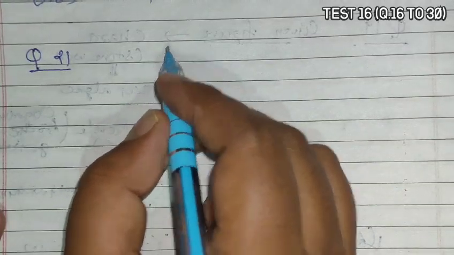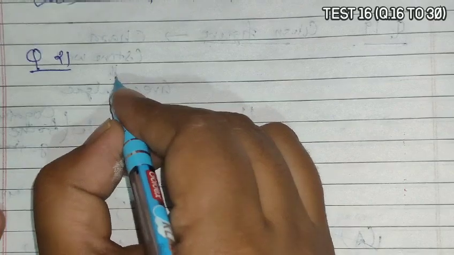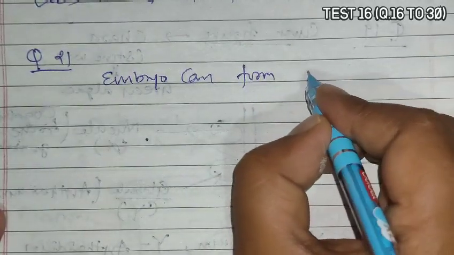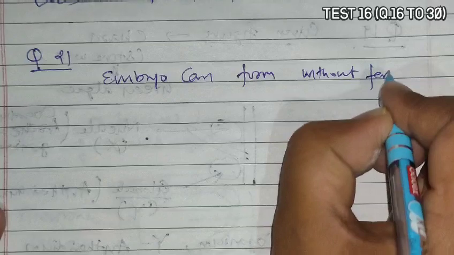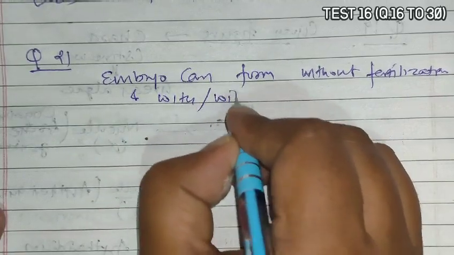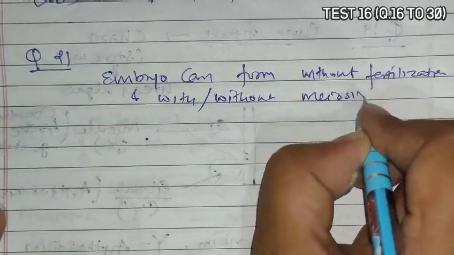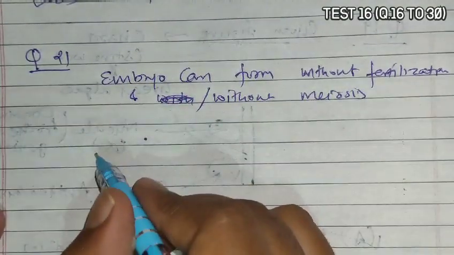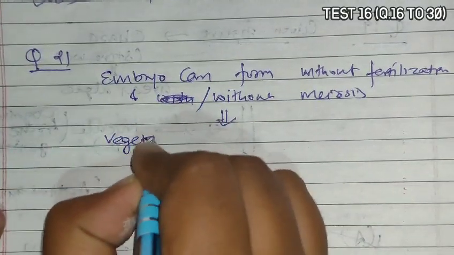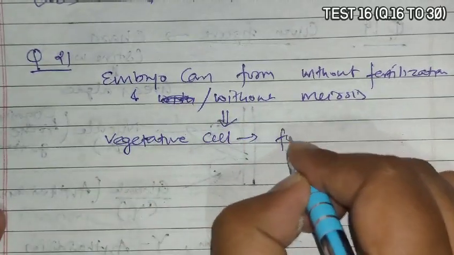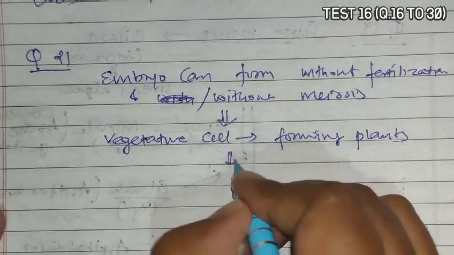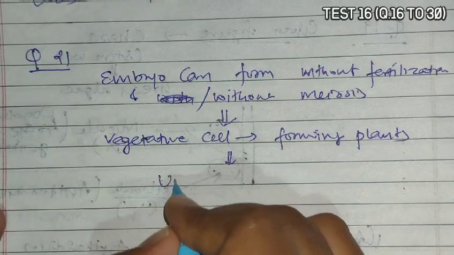So what happens in this case is that the embryo can form without fertilization, and without meiosis, and vegetative cells are forming plants, and these plants are uniform.